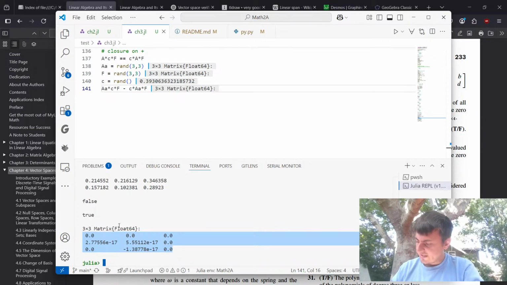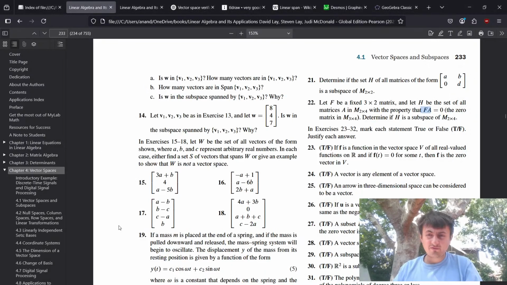But then C times F times A is equal to F times C times A, which implies that CA is in H. So it's closed on plus and times and has 0. H is a subspace of what? M 3 by 4 or M 2 by 4?